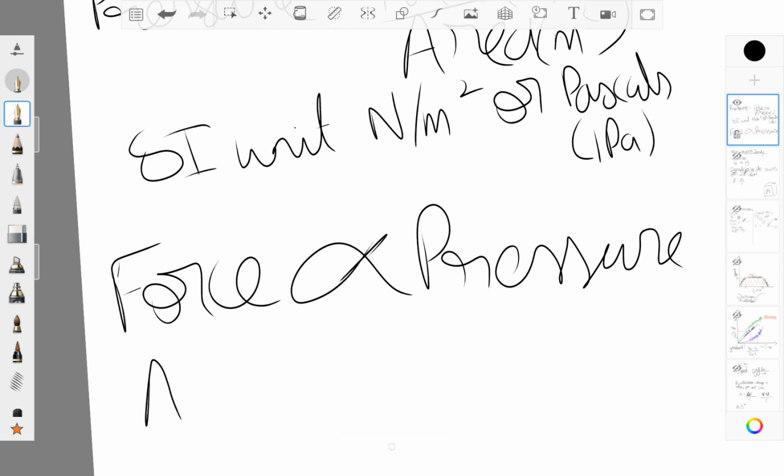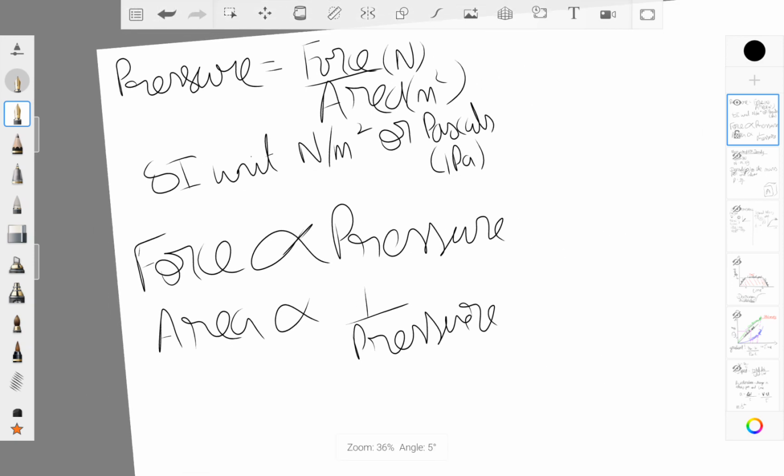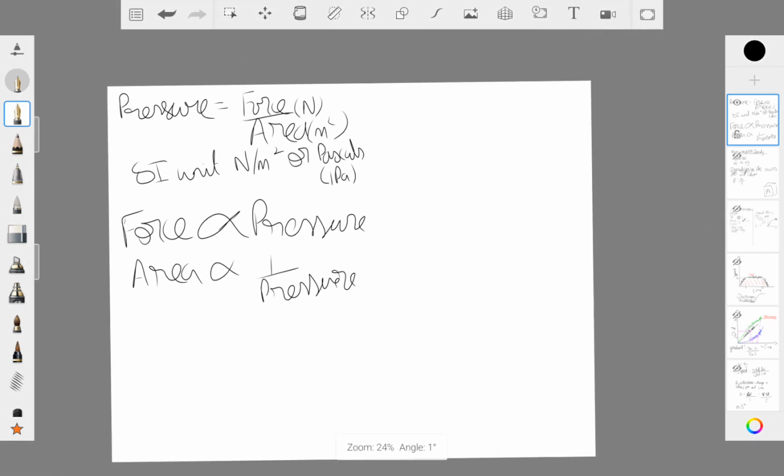And area is inversely proportional to pressure. So the lower the area, for example wearing high heels, the greater the pressure. And if you were to wear maybe flat shoes, then the pressure would be a lot less. But this is only for solids.